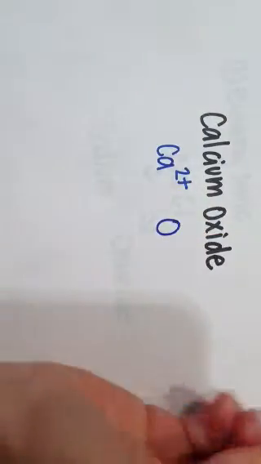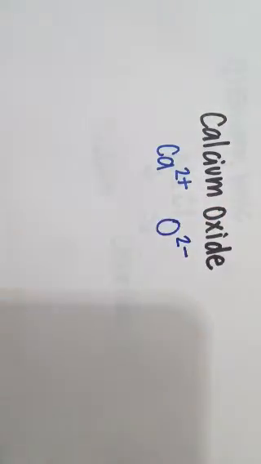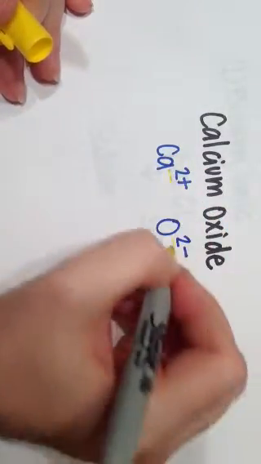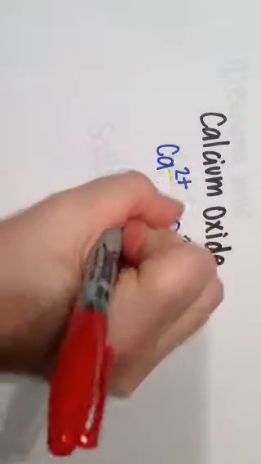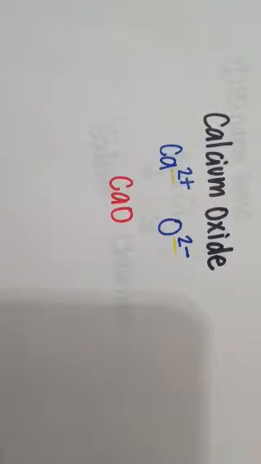So calcium has an oxidation number of +2, and oxygen has an oxidation number of -2. Alright, so our rule of thumb is if the oxidation numbers are numerically the same, because there's always going to be a positive one and a negative one, but if they're numerically the same, then we simply get one of each in our compound. So our compound becomes CaO.